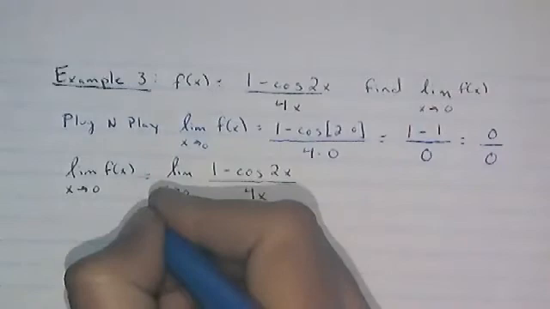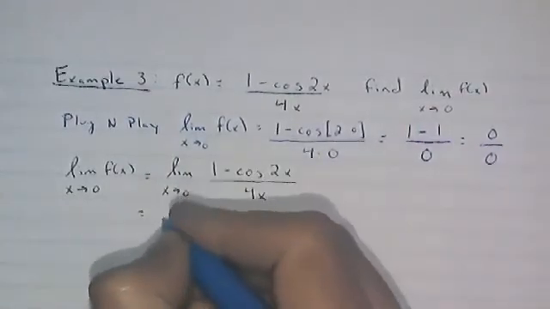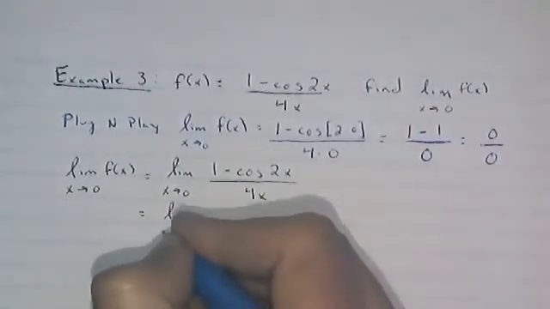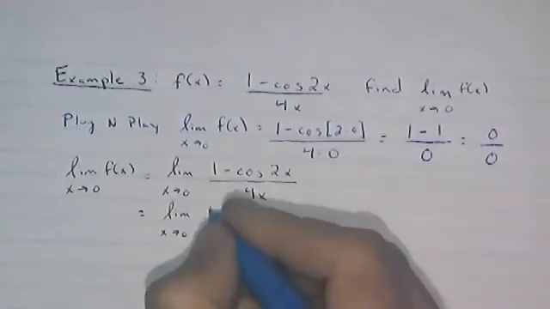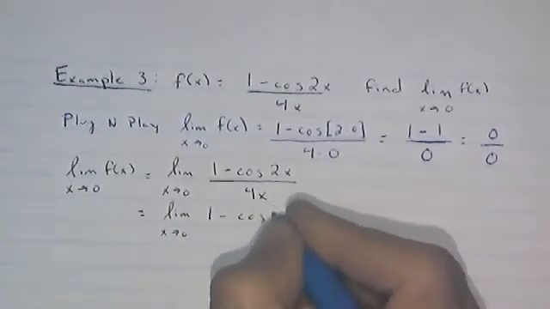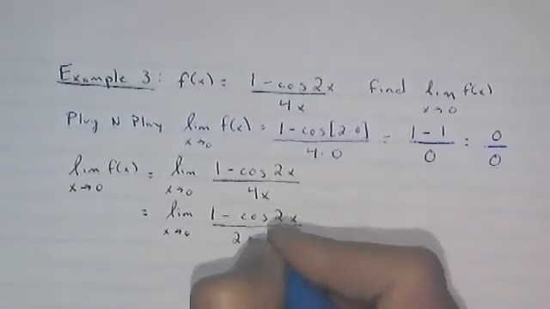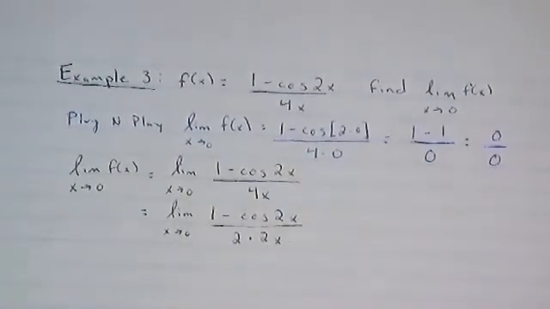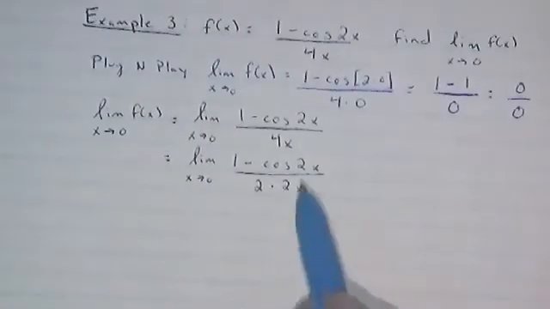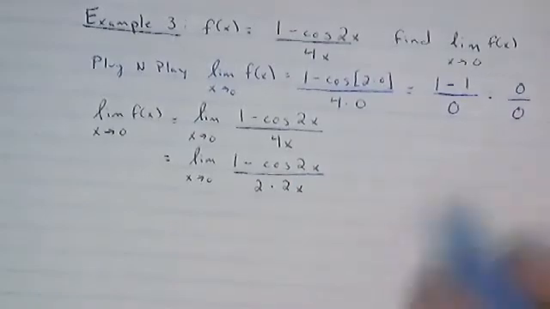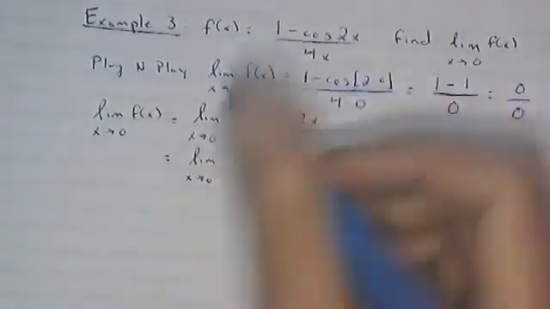The way we can accomplish that is by factoring. We recognize that 4x is double 2x. Everybody okay with the fact that 2 times 2x is the same as 4x? Now we do see this 2x in the denominator.